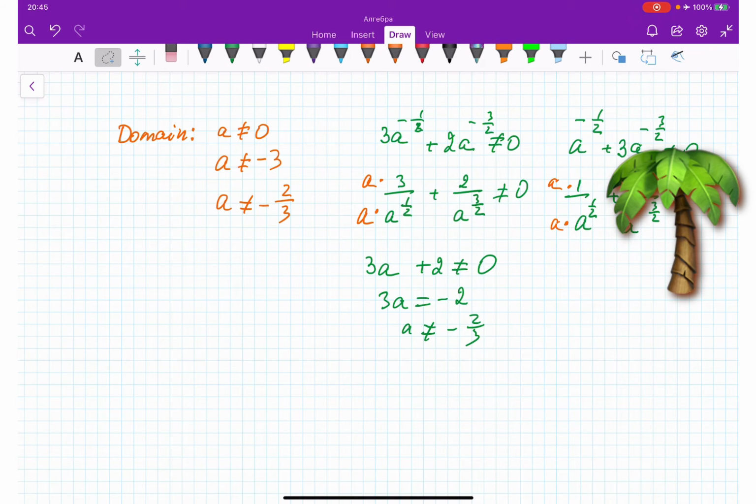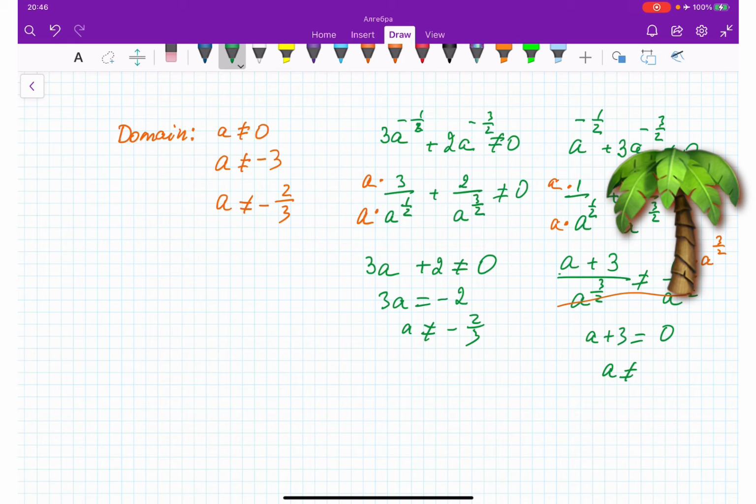And we are getting a common denominator, a to the power 3/2, and in the numerator we get a plus 3 cannot be equal 0. Well, because it's a common denominator, I didn't show it in the first one. Let me show here. I have to bring to a common denominator here also, a to the power 3/2. And I didn't put anything here, also times a to the power 3/2. But because it's 0, it's going to be 0. I drop the denominator because it's the same. And I'm getting a plus 3 is equal 0.